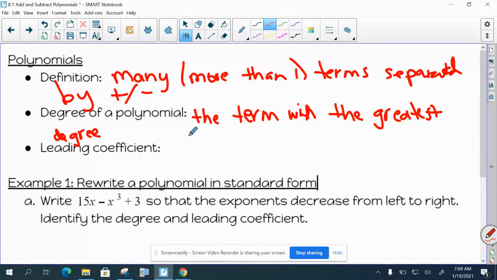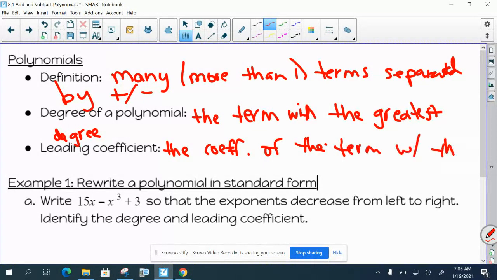And the leading coefficient is the coefficient of the term with the greatest degree.